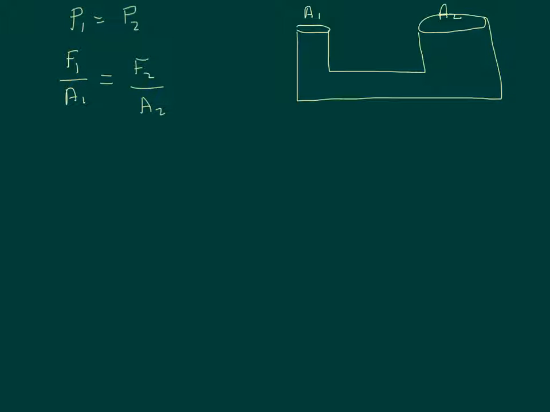So I have the force at 1 over the area at 1 is equal to the force at 2 over the area 2. So let's put a force on top of area 1. What is the force then pushing up at area 2? Now, solving for force 2, we have F2 is equal to A2 over A1 times F1.